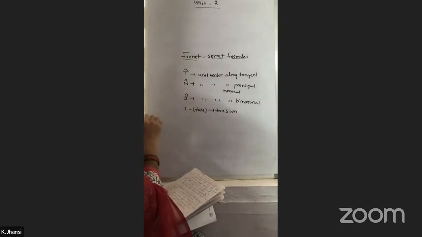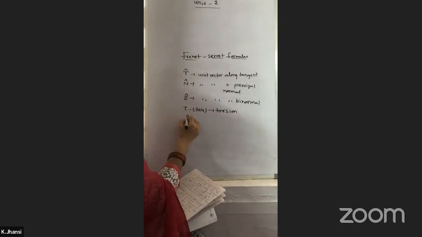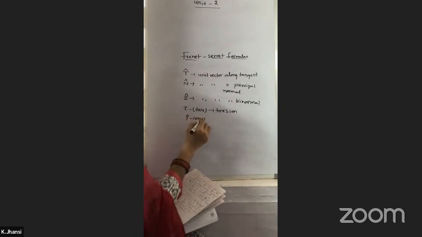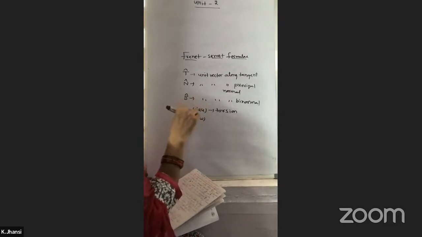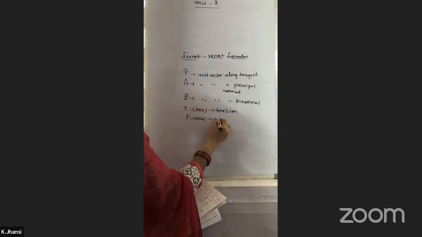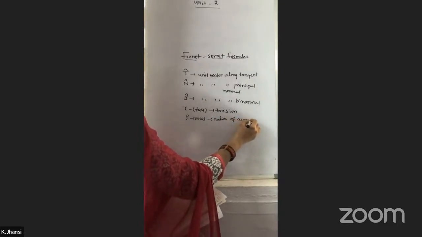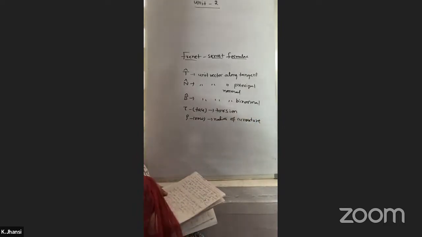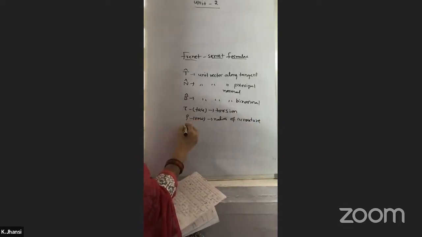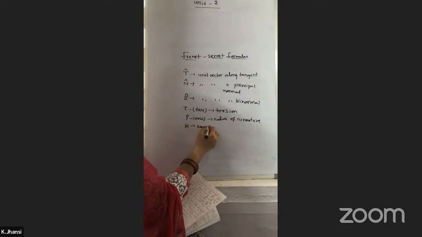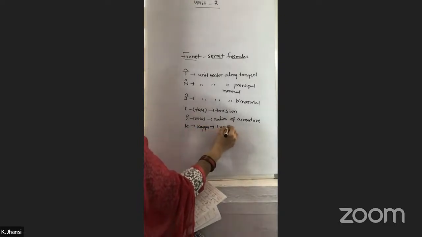And this is called rho, and it is the radius of curvature. And curvature is called kappa. This is called kappa. This is curvature.